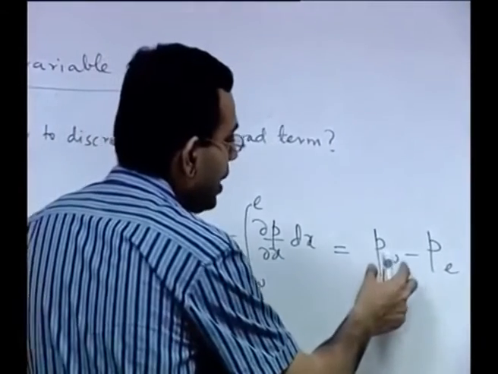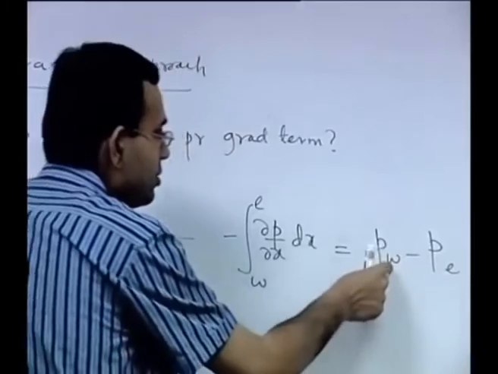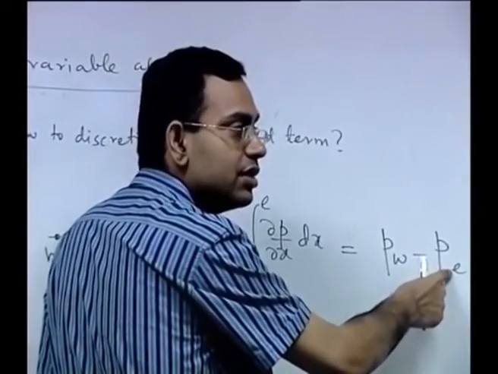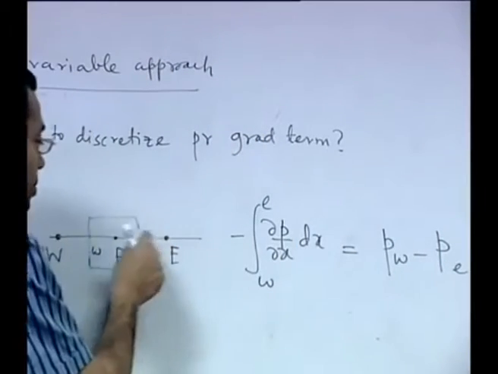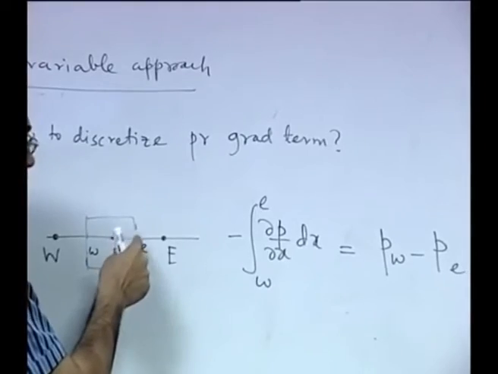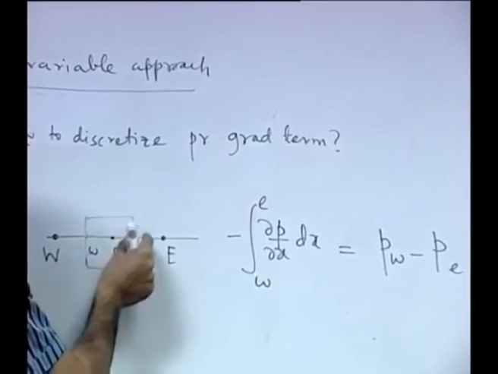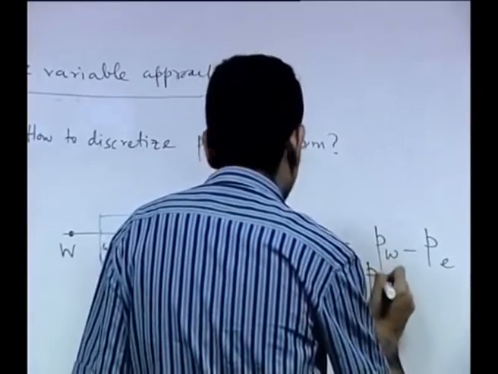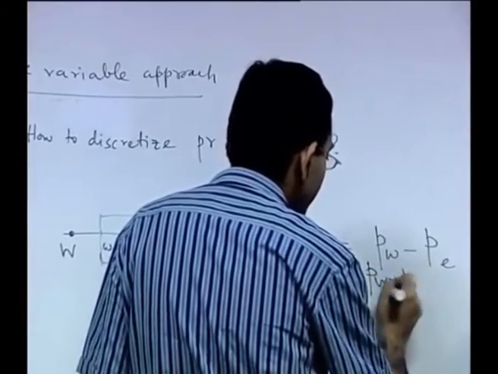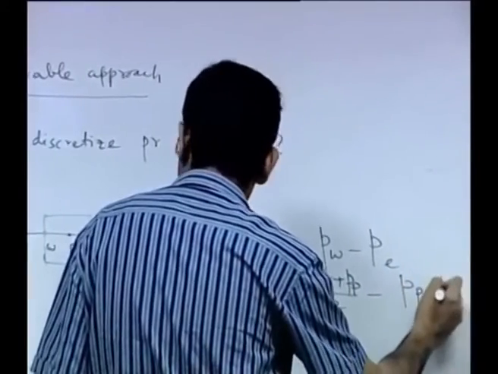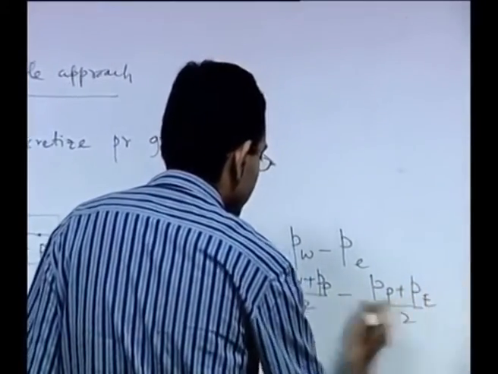Now, when you have Pw minus Pe, at small w and small e we do not define the variables, since usually we define the variables at the main grid points. So, you need to interpolate the value of the variables at these points. If all the points are equidistant, then this is nothing but (P capital W plus P capital P)/2 minus (P capital P plus P capital E)/2.